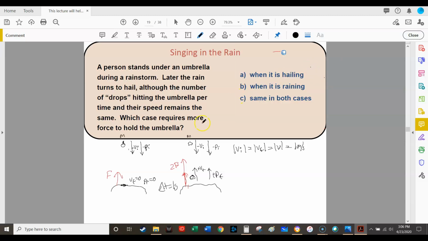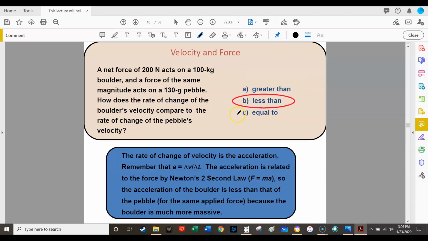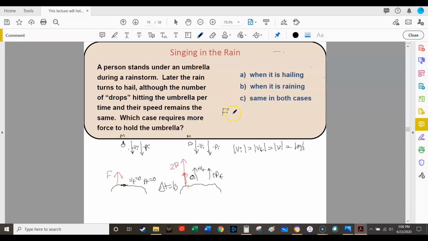Okay, well, let's let the math do it. Well, the change of momentum here. Actually, I'm going to do the initial equations here. Both objects have a force in the same period of time. Both objects have an initial momentum, but one of them is going to have a final momentum.